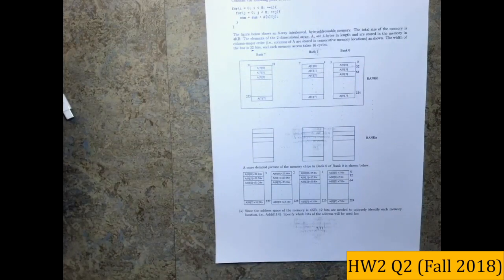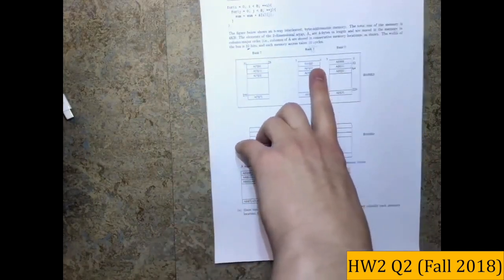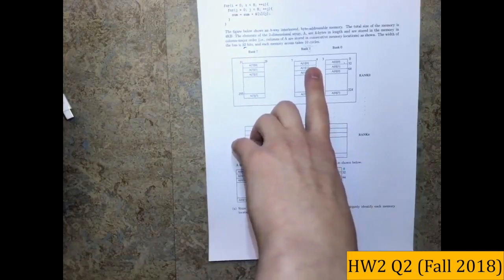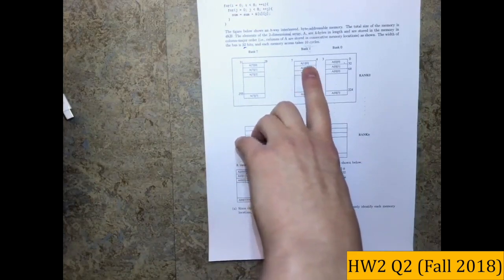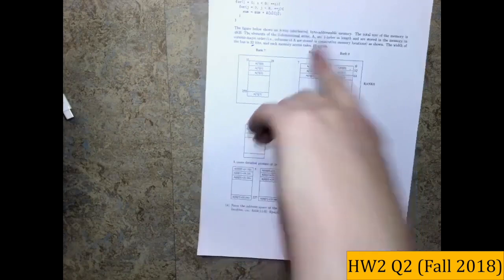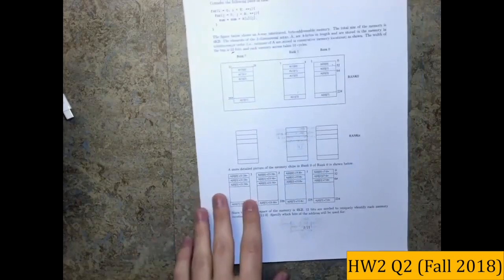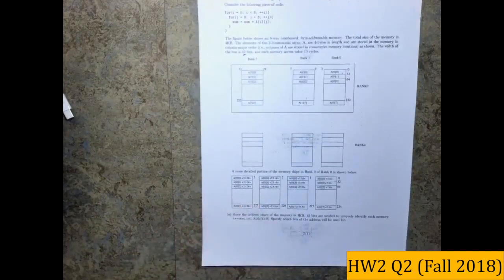So it is stored in memory in column major order, right? So if it's stored in memory in column major order, then those are supposed to be consecutive. The next element in the same column is supposed to be in consecutive memory addresses.